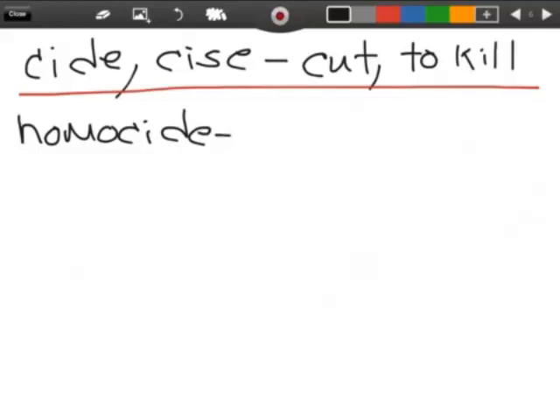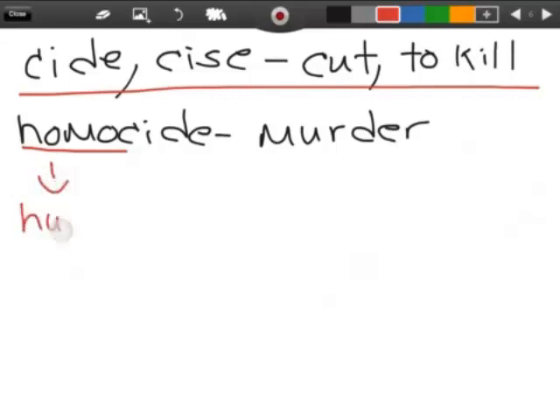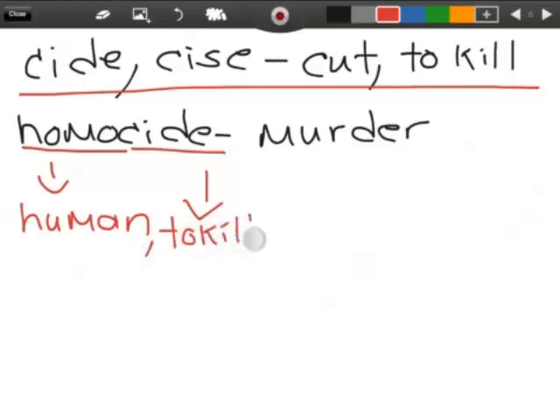Homicide. Meaning murder. As we all know, homo here means human. And side, like I said before, means to kill. And when you combine these two words, you get murder.